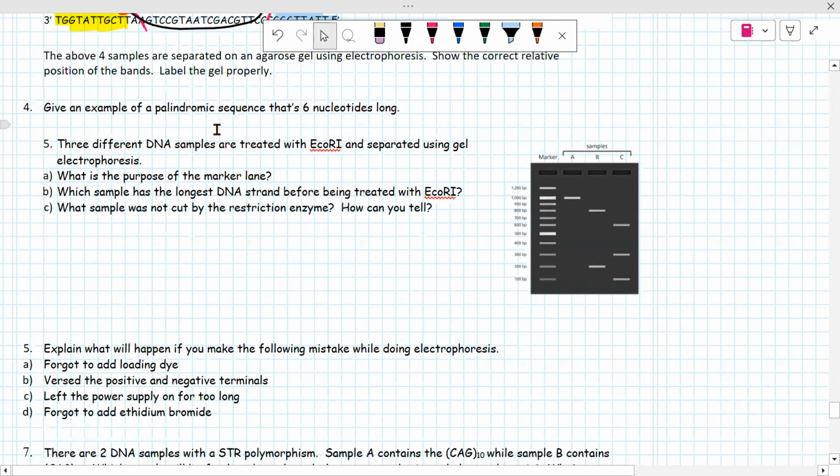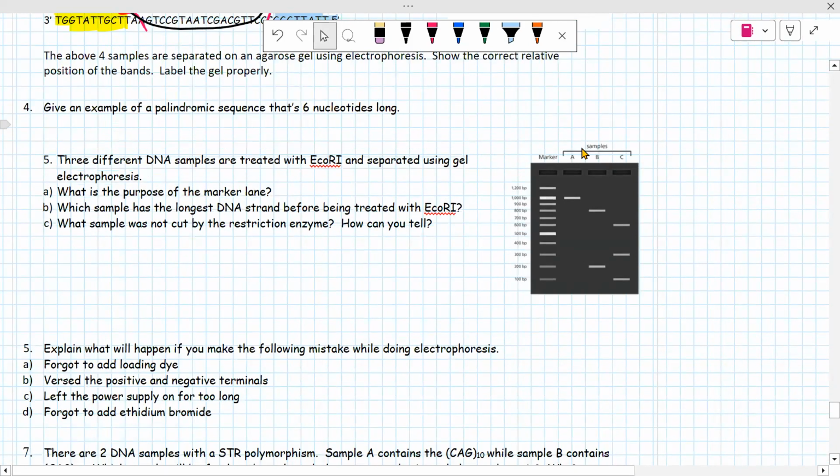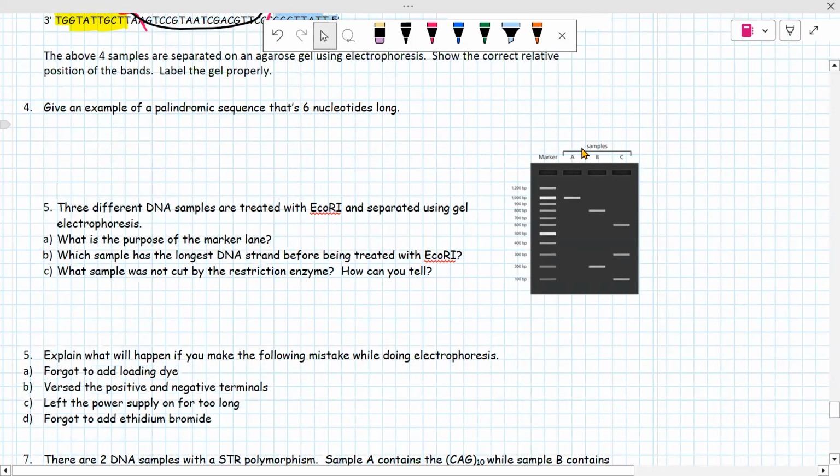Give an example of a palindromic sequence that is 6 nucleotides long. That's really straightforward. You just make up any letters that you like. If it needs to be 6 long, then I do half of that. Okay, I make up any 3 letters. So like, you know, A, C, G. And then halfway through, you start to do the complementary.